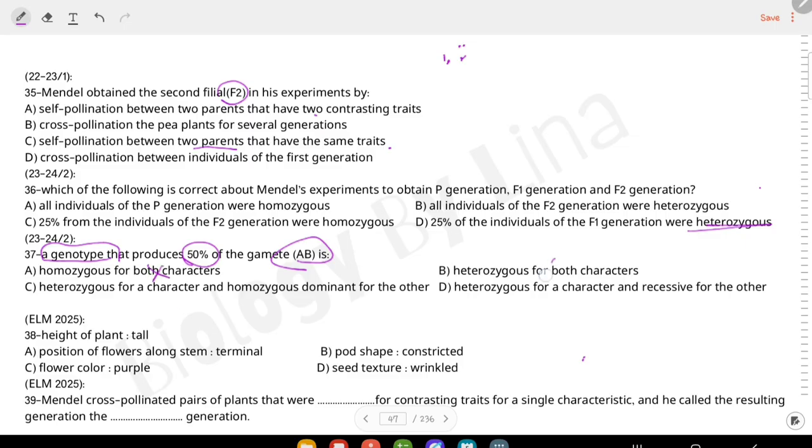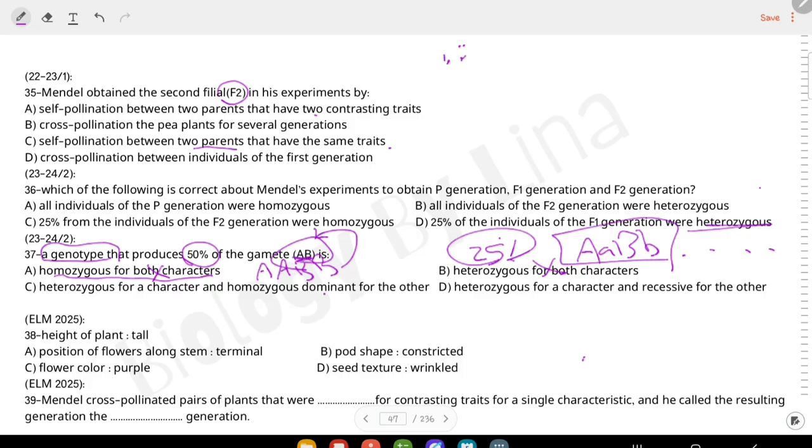If we have hetero for both characters, also incorrect, because all the gametes will be 25%. For example, A capital A small, B capital B small produce 4 different gametes, and each one is 25%. And for homo, for example, 100% will be A capital B capital. So we need to have one of them hetero and one of them homo.